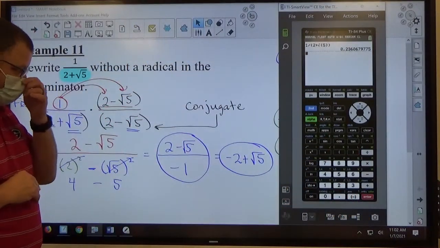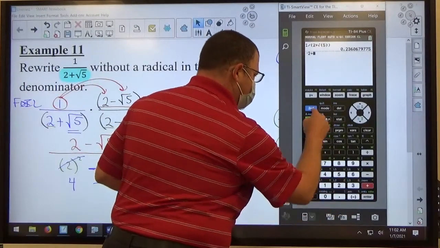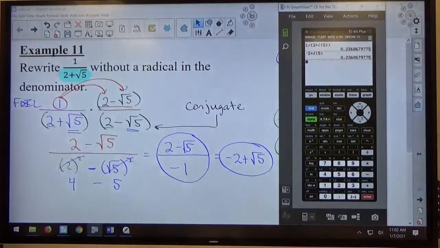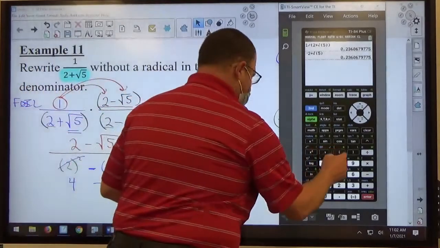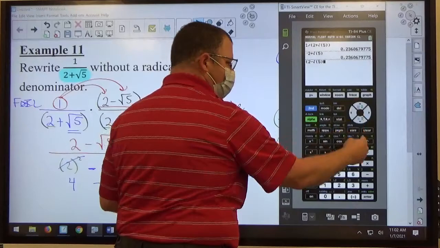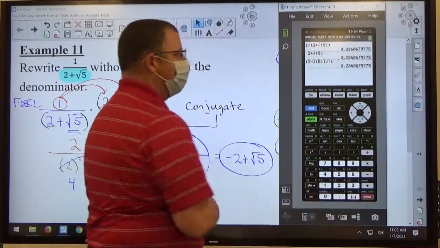My answer, let's go with this answer here, negative 2 plus the square root of 5, is exactly the same number. This binomial over negative 1, if I put parentheses, 2 minus the square root of 5, end parentheses, finish the top, divided by negative 1, exactly the same thing.